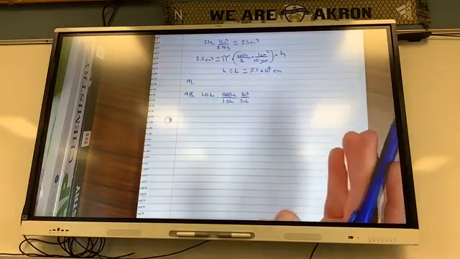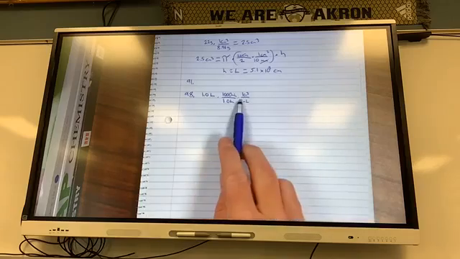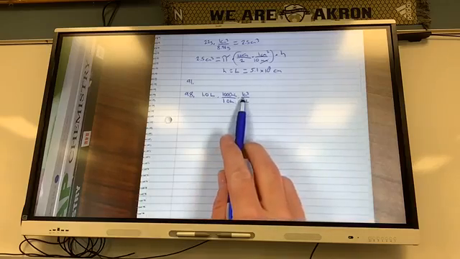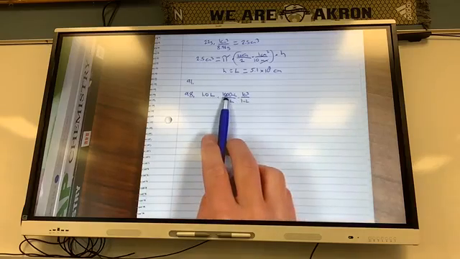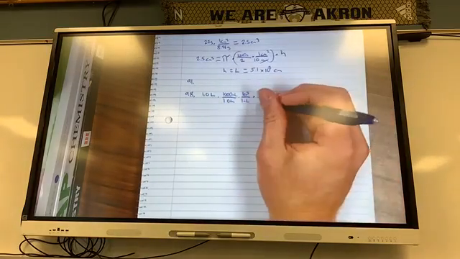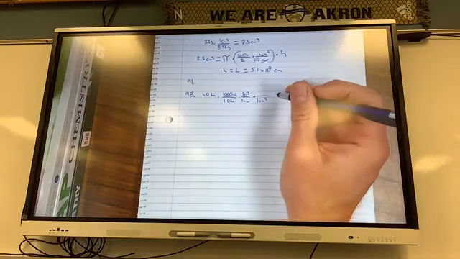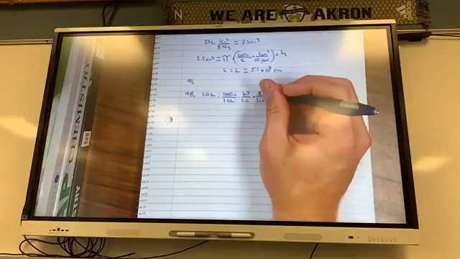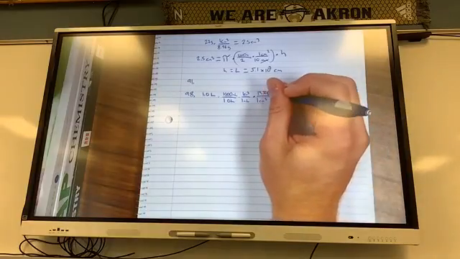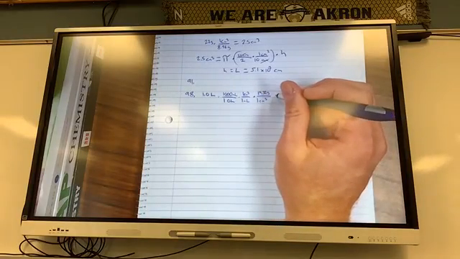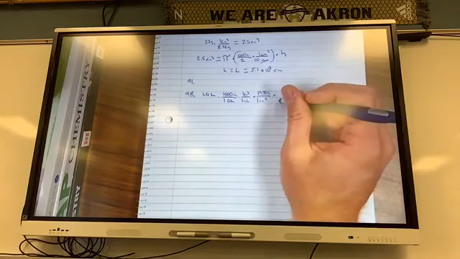If you wanted to, I'd be fine with that. 1 liter is 1,000 milliliters, and then I'm going to use my rate. They gave me the density: for every 1 centimeter cubed, I have 19.32 grams. That is dense. Let's convert that to kilograms just so we have a better idea, because there are about 2 kilograms in a pound.